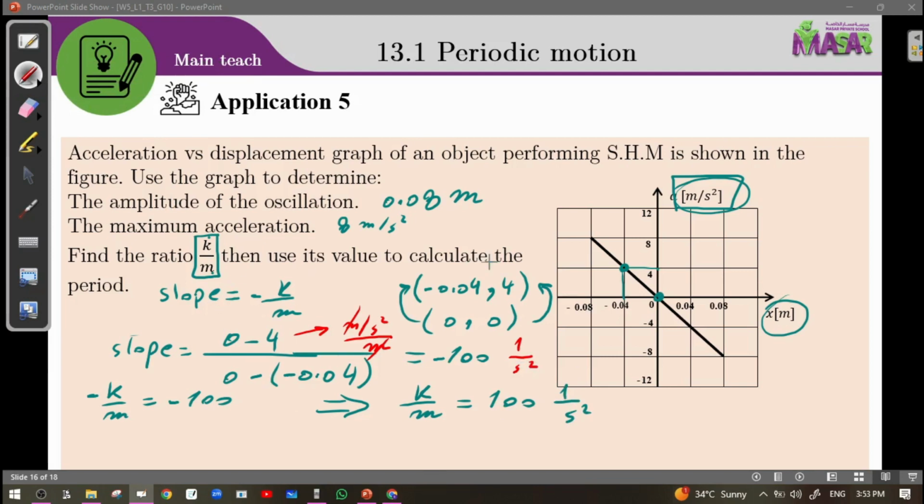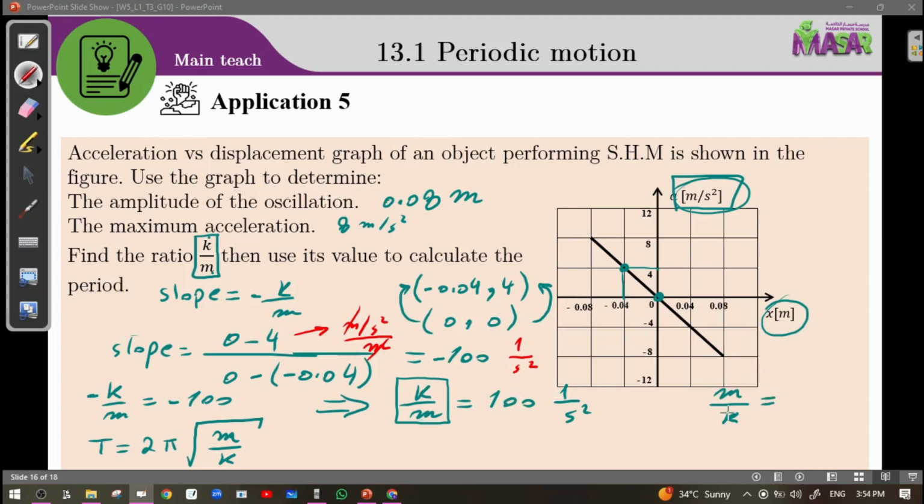Now, in order to find the period, we should implement this formula, M over K. However, we don't have the mass or the K, but we have information about K over M. So we can use this information to obtain M over K, because M over K is the reciprocal of K over M. All that you need is to flip the answer upside down.